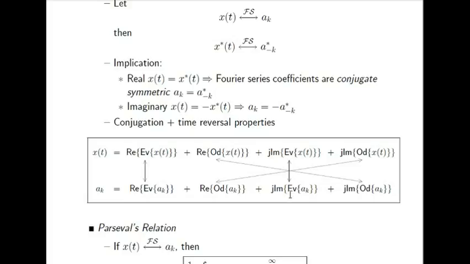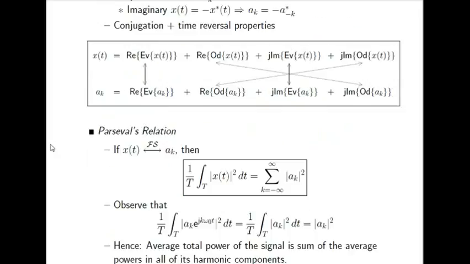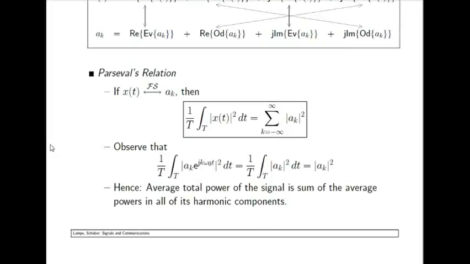Then the Fourier series of real even will be real even, and the Fourier series of imaginary even will be imaginary even. But the Fourier series of real odd will be imaginary odd, and the Fourier series of imaginary odd will be real odd. So this is important. You must remember this, because it will help you in the assignment.